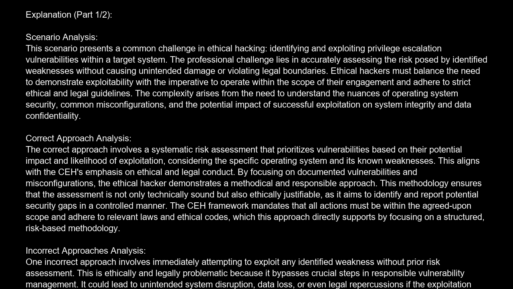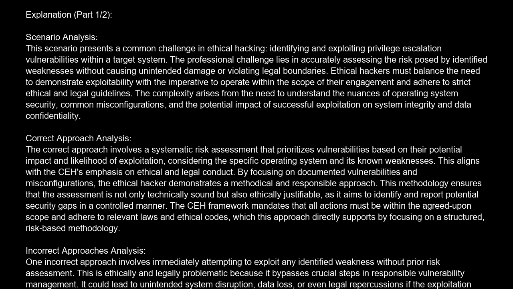Correct approach analysis. The correct approach involves a systematic risk assessment that prioritizes vulnerabilities based on their potential impact and likelihood of exploitation, considering the specific operating system and its known weaknesses. This aligns with the CEH's emphasis on ethical and legal conduct. By focusing on documented vulnerabilities and misconfigurations, the ethical hacker demonstrates a methodical and responsible approach.